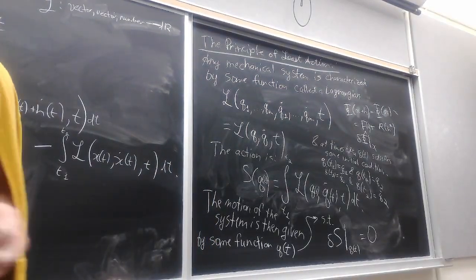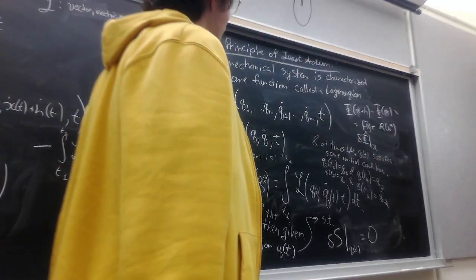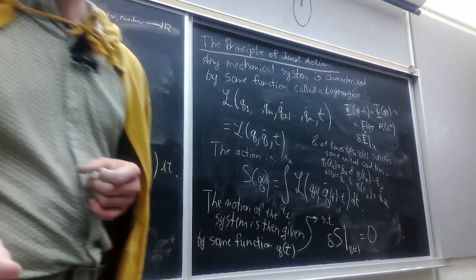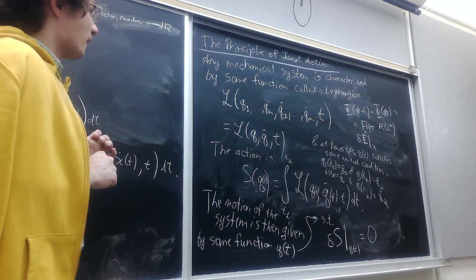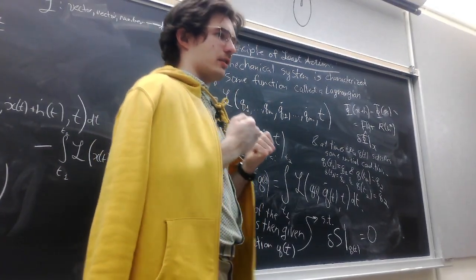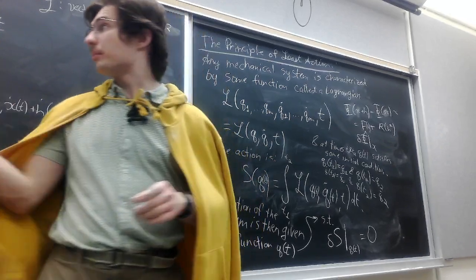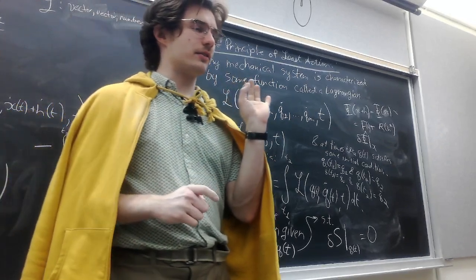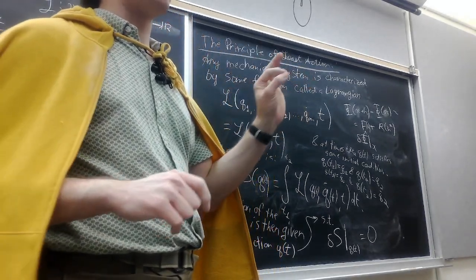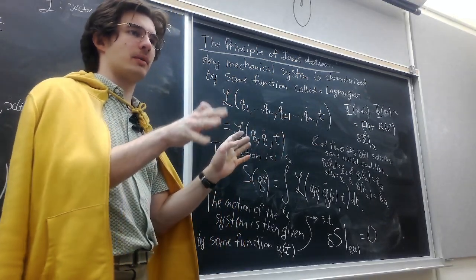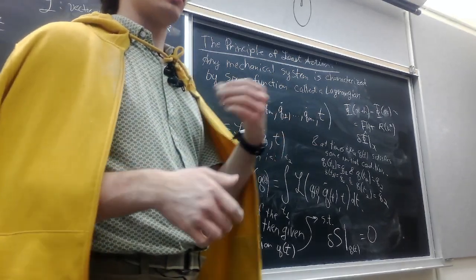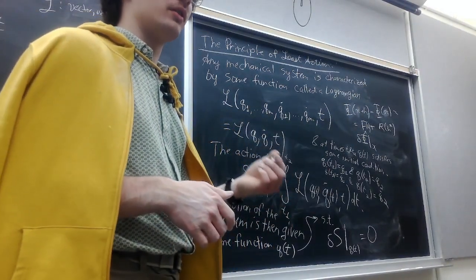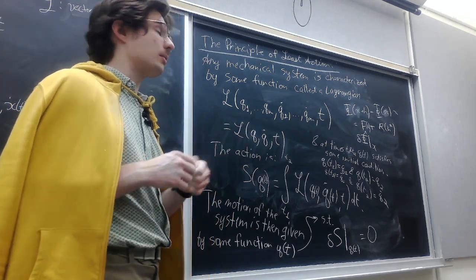Yeah, so I'm going to say it again. The principle of least action says the following. If you have some mechanical system, before we said that I can use some generalized coordinates to specify where all of my particles in my system are. And let's call q dot, the derivatives of q, the generalized velocities.